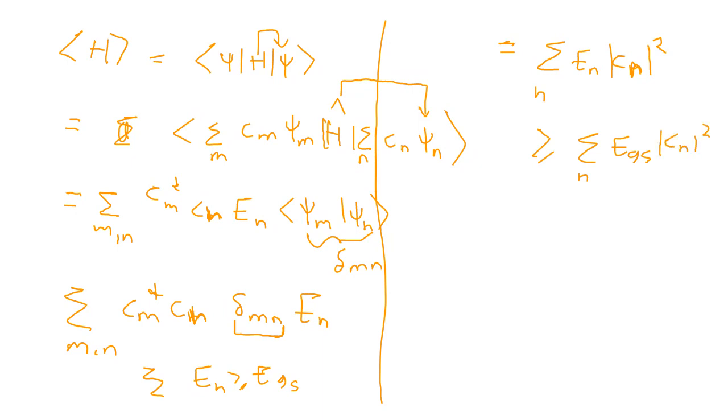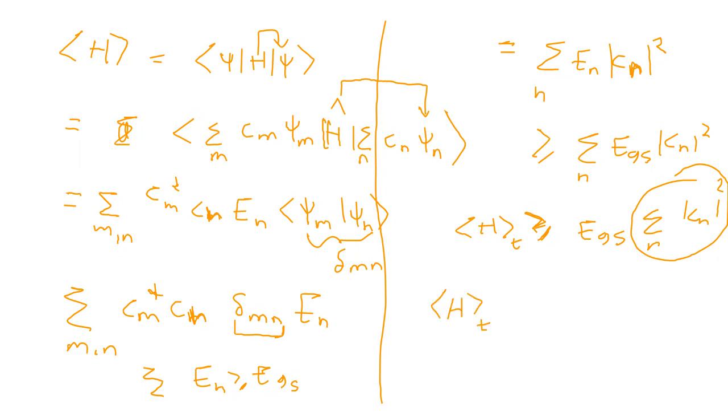So you end up with the expectation of your trial will always be greater than or equal to E_GS. E_GS is a constant, so you take it out, and then you're left with the sum over n of Cn squared. This is 1, since part 1 of the proof was to check that these normalization constants sum to 1. So you get that the expectation of H in your trial will always be bigger than E_GS.